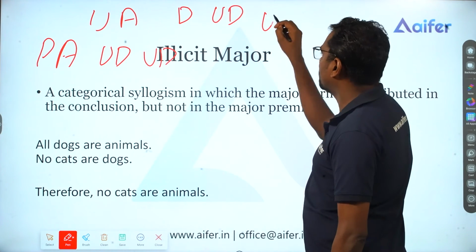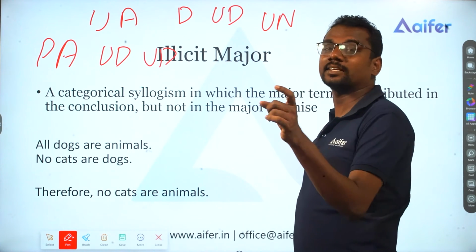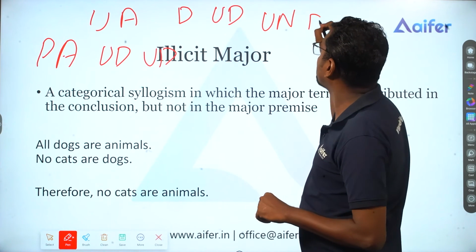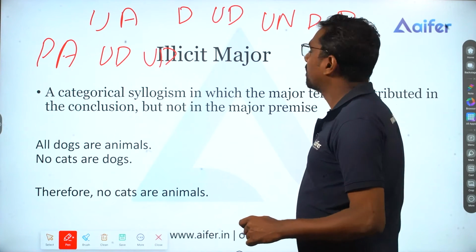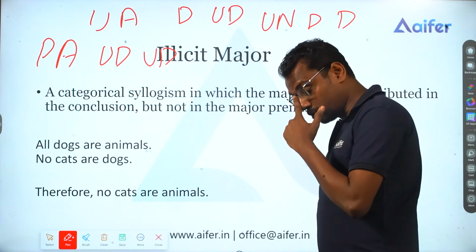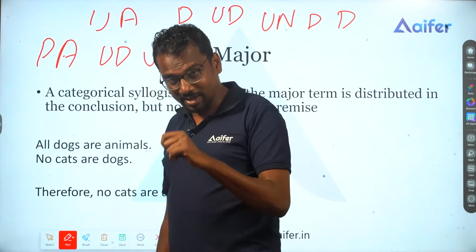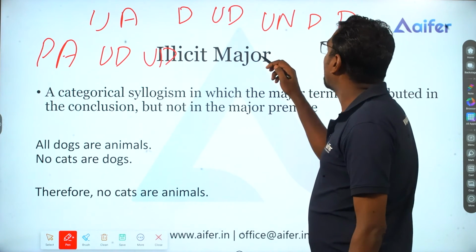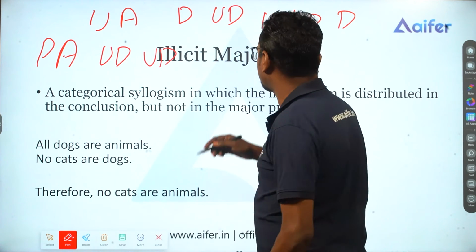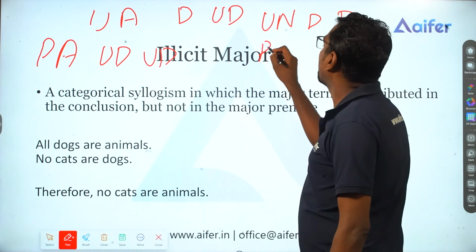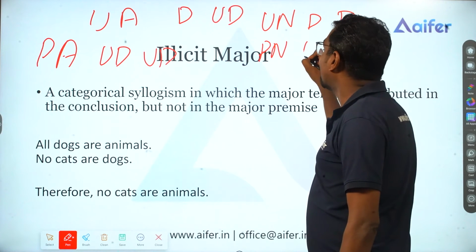Then in universal negative, that is, no cats are animals, both subject and predicate are distributed. Then in particular negative, the subject is undistributed.